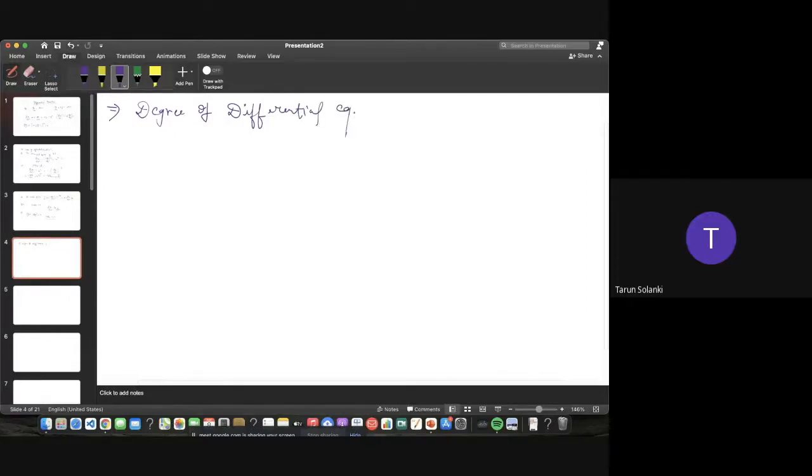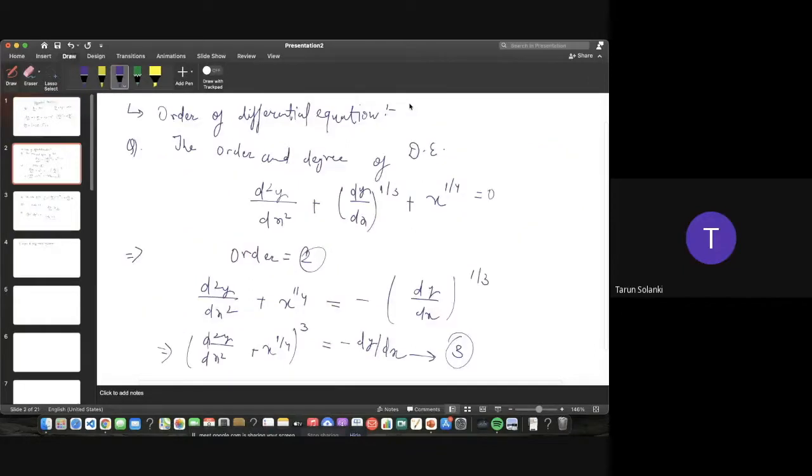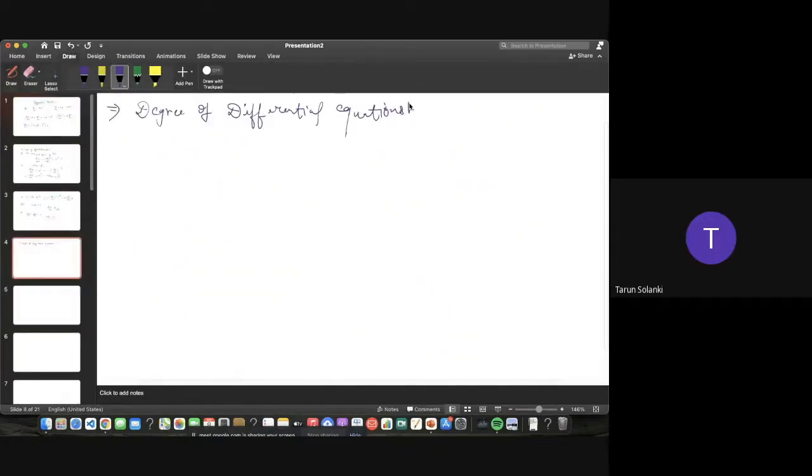The degree of a differential equation is the degree of the highest derivative occurring in it, when the differential coefficients are free from radicals and fractions. For example, the degrees of the above equations which we have taken here are 1, 1, 1, 2, and 3. So these are the degrees of these equations.